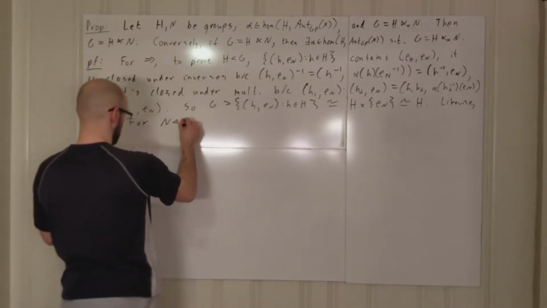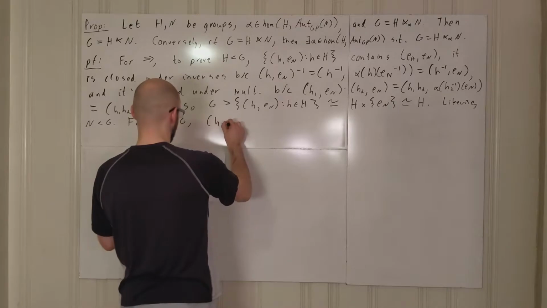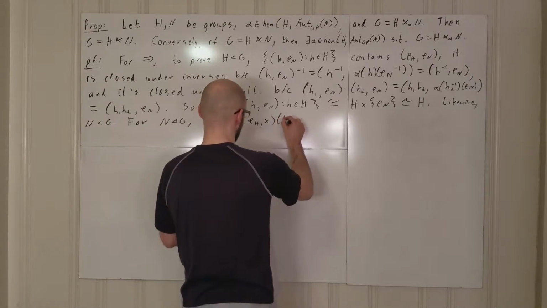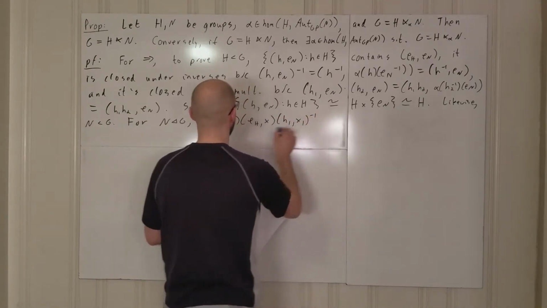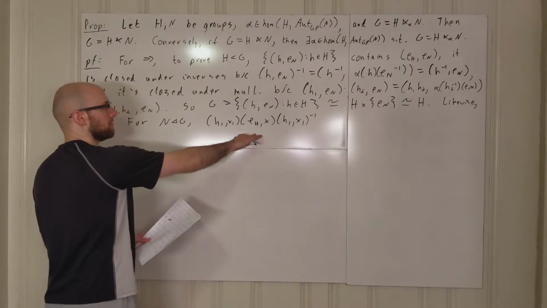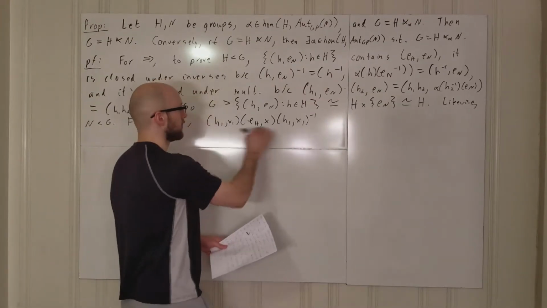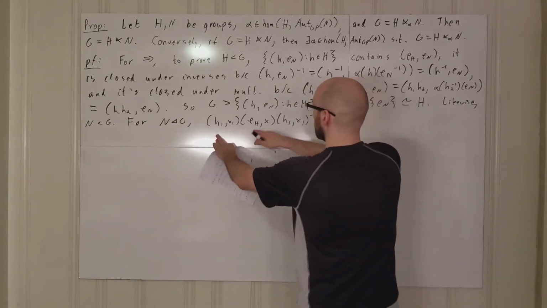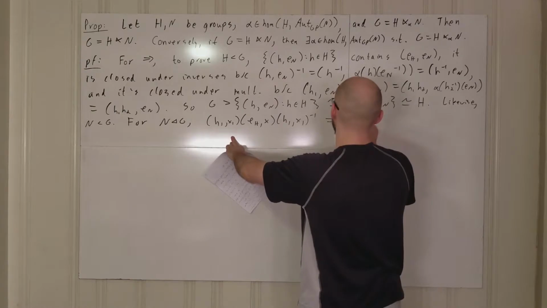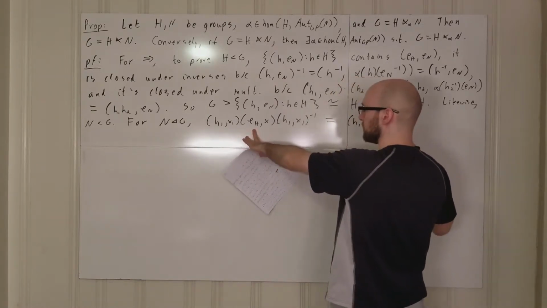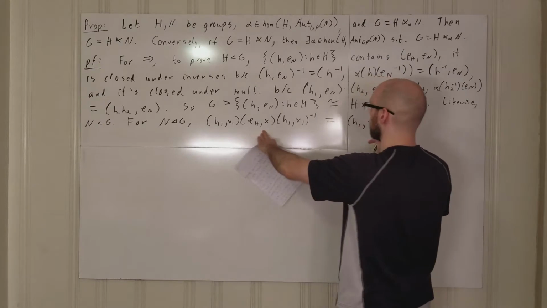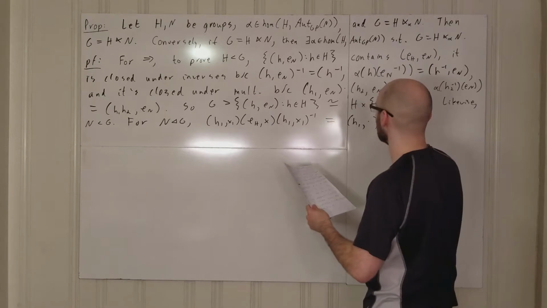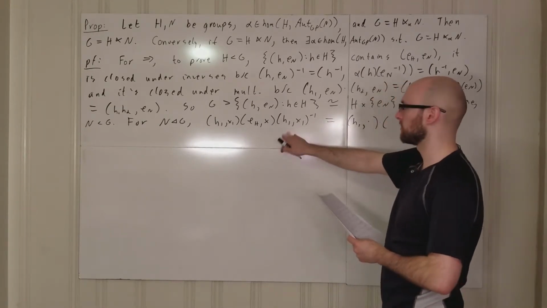For normality, if we take some h1, x1, multiply it by some element of N, where this is how we write elements of N as a subgroup of G, and then we conjugate by this and this, then this times this together is going to be h1 times E of h, which is just h1, and then some other thing in the other place, and then times the inverses.